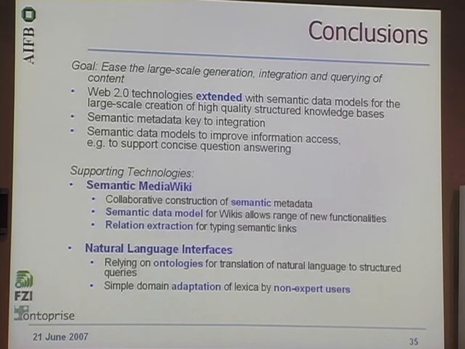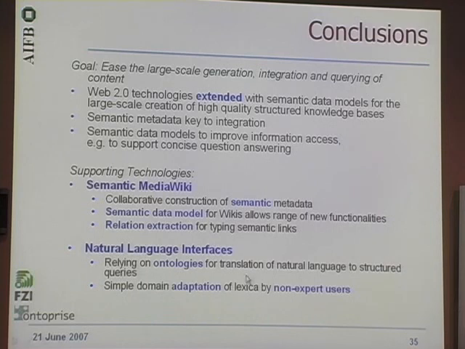So from our point of view, that semantic extension of Mediawiki is a really nice way of providing an environment where people are really able to come up with a lot of semantic descriptions. And by exporting these facts I have shown in that fact box that are associated with these Wikipedia pages, you can feed them into all kind of RDF repositories and therefore generate a lot of RDF-based facts in the background.